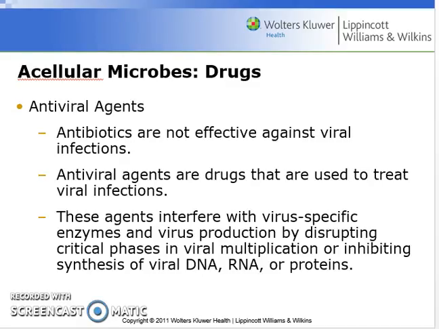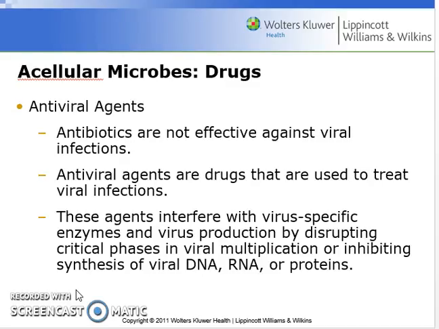So we use antiviral agents, and these are drugs that are used to treat viral infections. The way they do this is that they interfere with virus-specific enzymes and any process involved in viral replication or production.